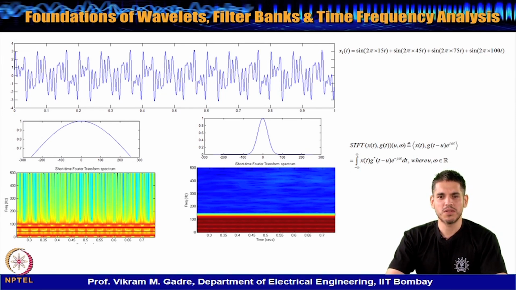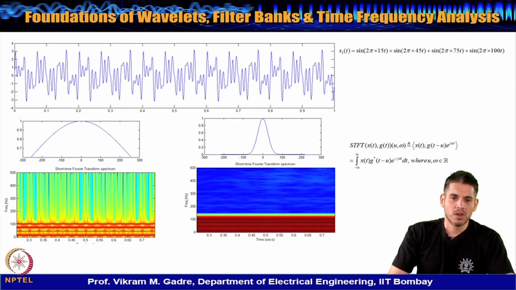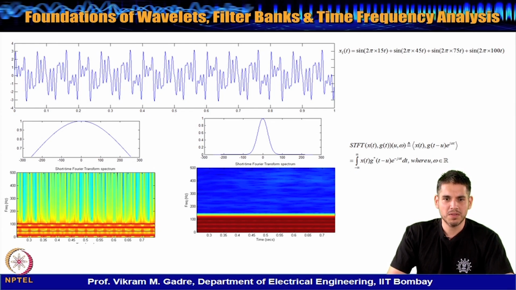This window is represented by g(t), and x(t) in this equation represents our underlying signal x1(t). Now we are considering two different windows for our analysis. The first window, on the left hand side, has a wider time duration, while the second window, on the right hand side, has a lesser time duration.